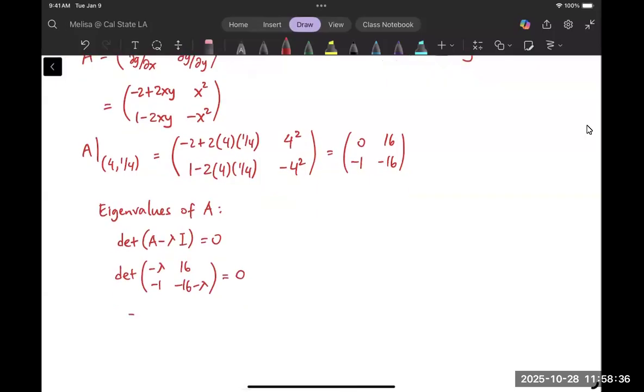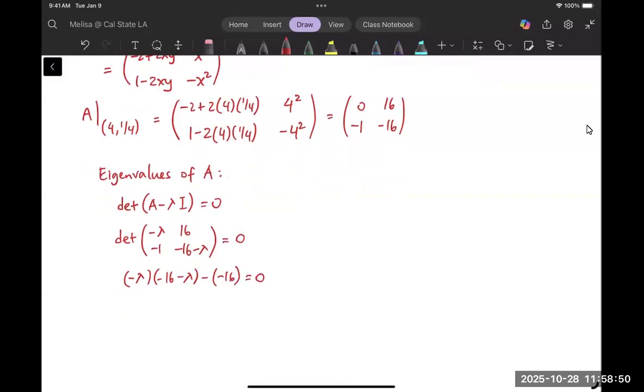So the determinant would be minus lambda times minus 16 minus lambda, minus 16, equals 0. So you get lambda squared plus 16 lambda plus 16.